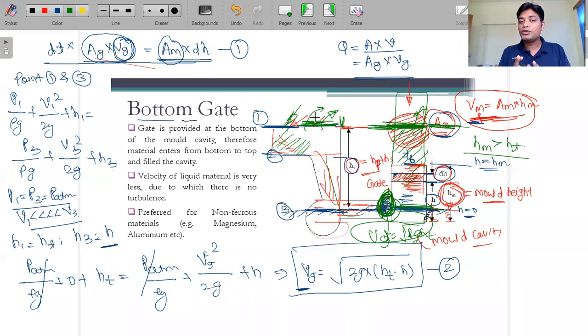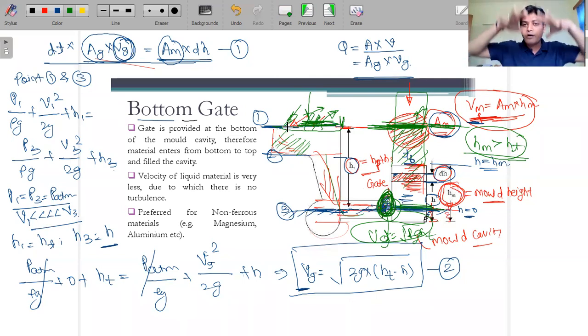So what do we have to do if the height of the mold cavity is greater than Ht? We have to pressurize this molten material, using some kind of cross section area over there, and push it. It means we are applying some kind of external force on the molten material.